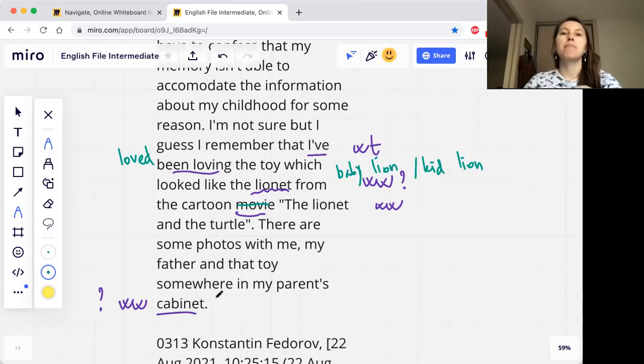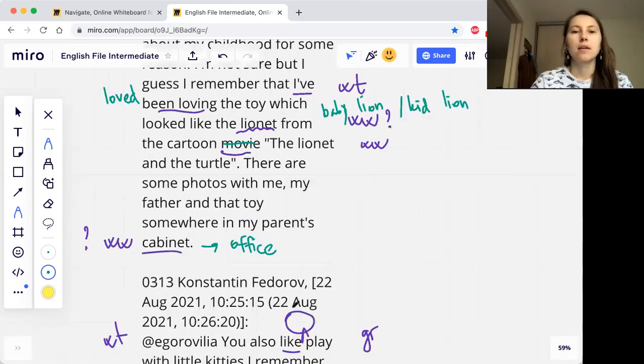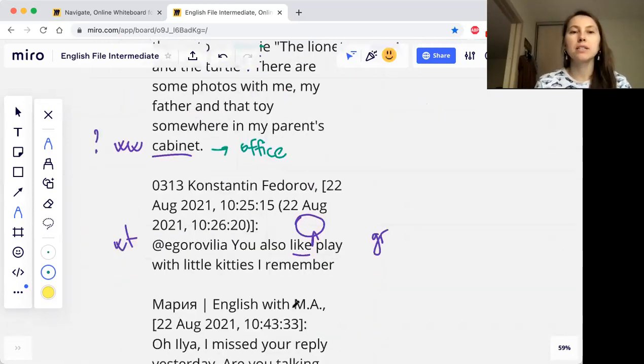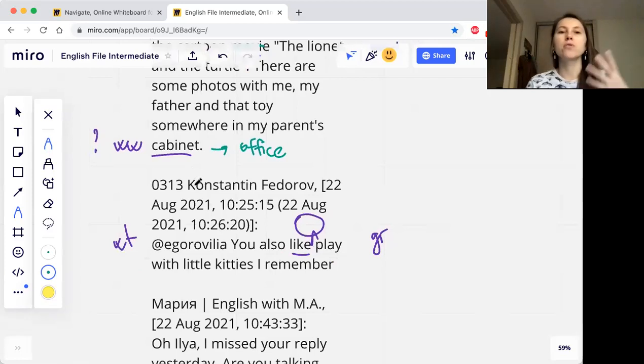If you mean a room, like a special room with a desk and an office chair where a person usually works, is busy with some important stuff, in English, they would call it an office. In my parents' office. So cabinet in the English language is a false friend of the translator, ложный друг переводчика.